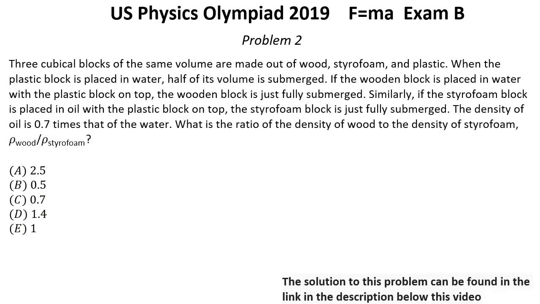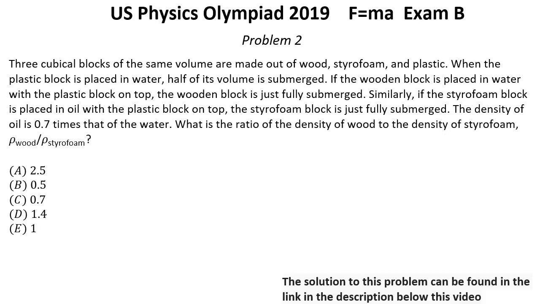Problem number 2. Three cubical blocks of the same volume are made out of wood, styrofoam, and plastic. When the plastic block is placed in water, half of its volume is submerged. If the wooden block is placed in water with the plastic block on top, the wooden block is just fully submerged.